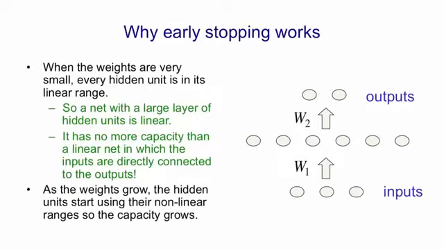But as the weights grow, we start using the non-linear region of the sigmoids, and then we start making use of all those parameters. So if the network has 6 weights at the beginning of learning and has 30 weights at the end of learning, then we could think of the capacity as changing smoothly from 6 parameters to 30 parameters as the weights get bigger.